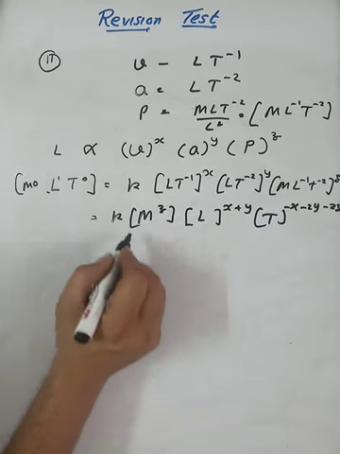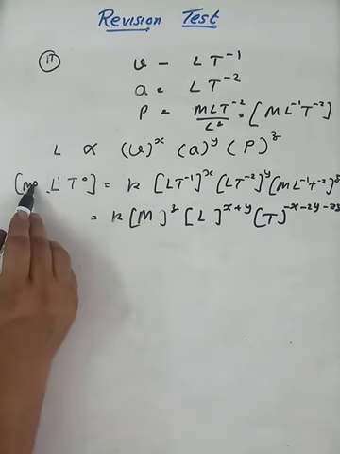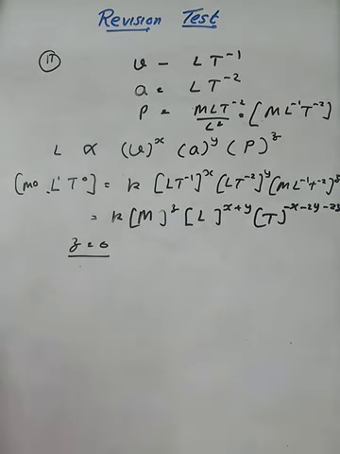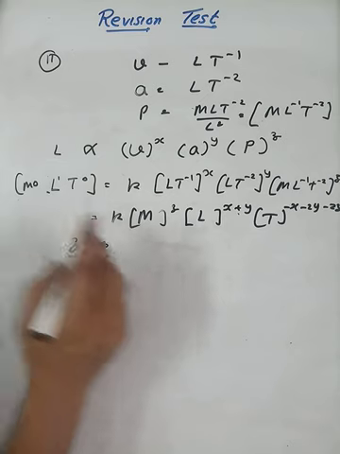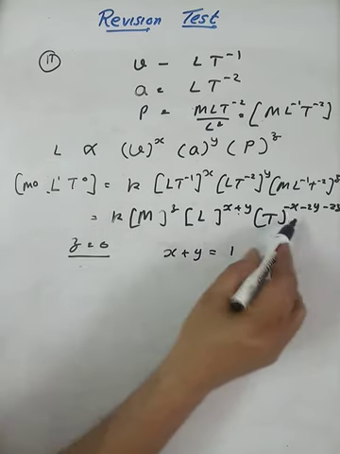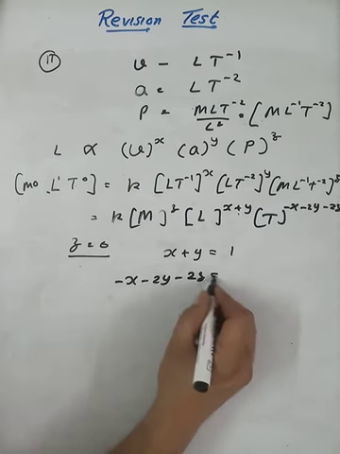If we compare, the power of M is 0, here z is 0. For L, x plus y is 1. For T, minus x minus 2y minus 2z is 0.